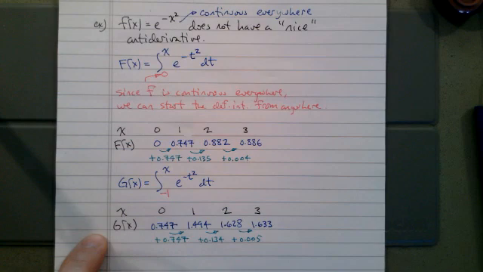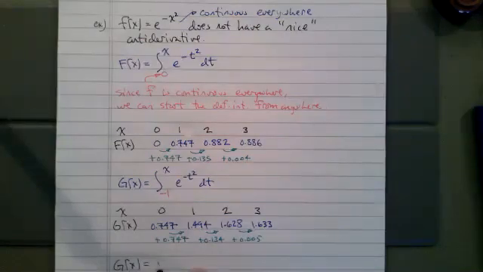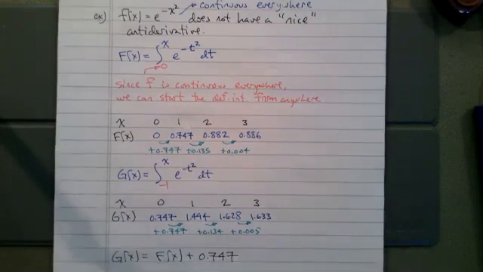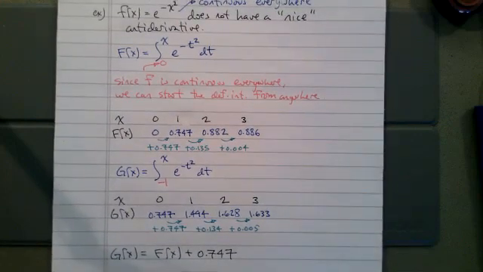So g of x is just f of x shifted up 0.747 units. The shape will be the same. The graph will just be shifted up 0.747 units.